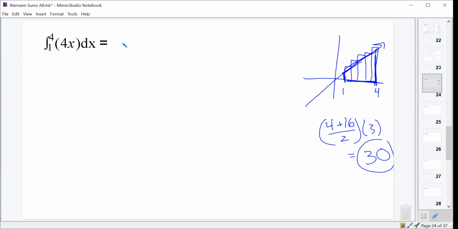So luckily, we can do the geometry and see that it should be 30 and hope that we do it right. Every time we want to evaluate one of these using Newton's notation, we need to start it off with the limit as n approaches infinity of a sum from k equals 1 to n of f of x sub k times delta x. Good or no?